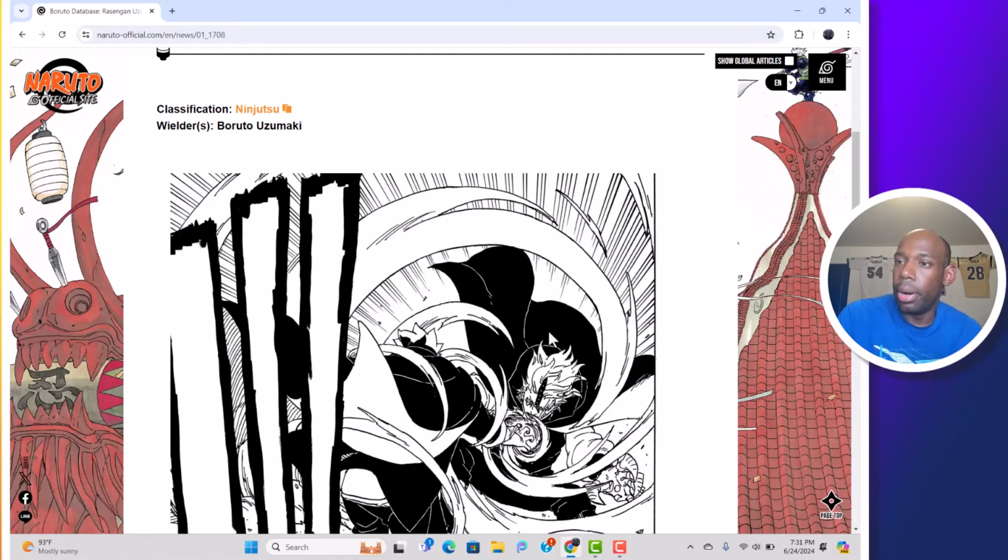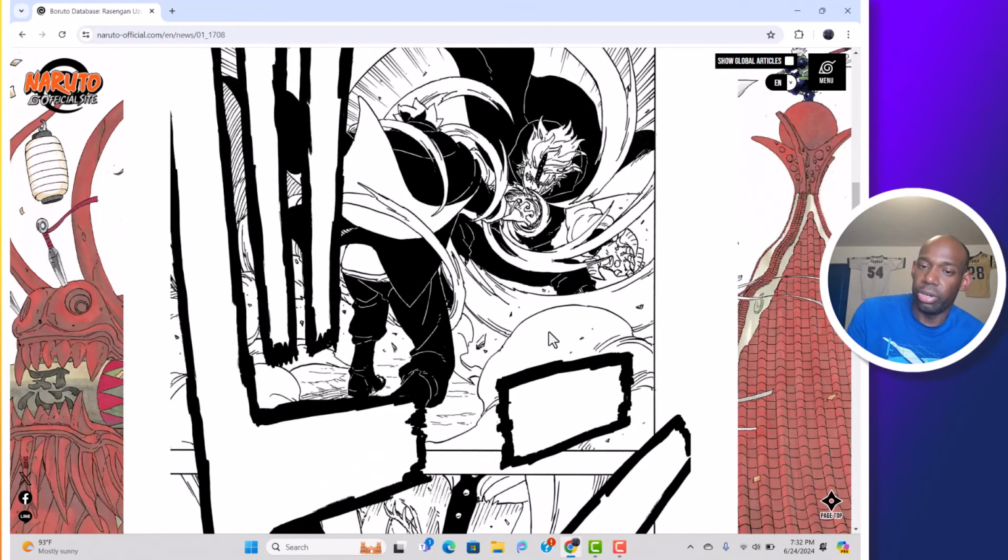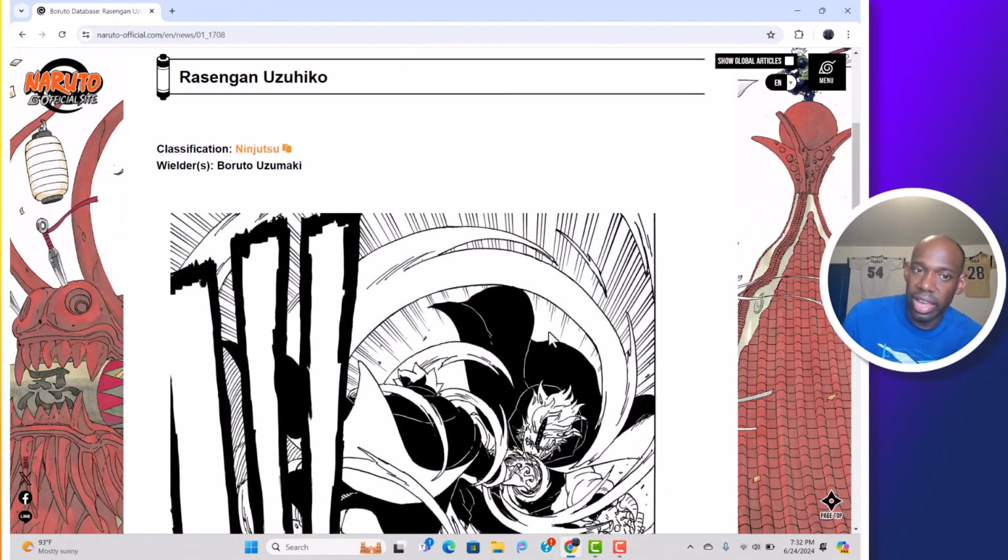And Momoshiki took it a lot further, where he can just shoot it off, which is an improvement because every time Boruto used that jutsu before Momoshiki improved on it, I don't think it would mess up Boruto's hand. Momoshiki improved it by making it where it can just shoot off like the spirit gun in Yu Yu Hakusho. But enough of that.